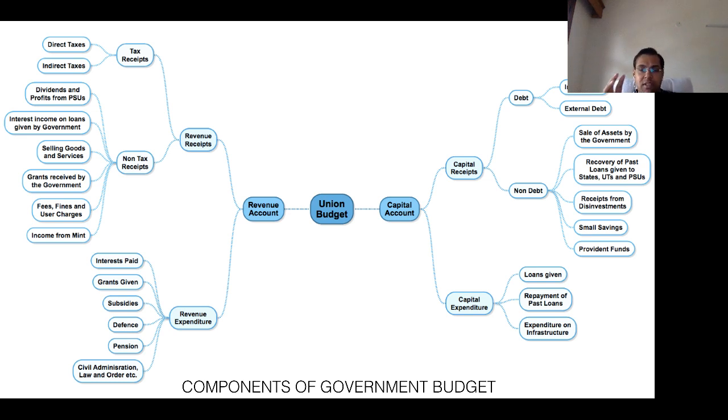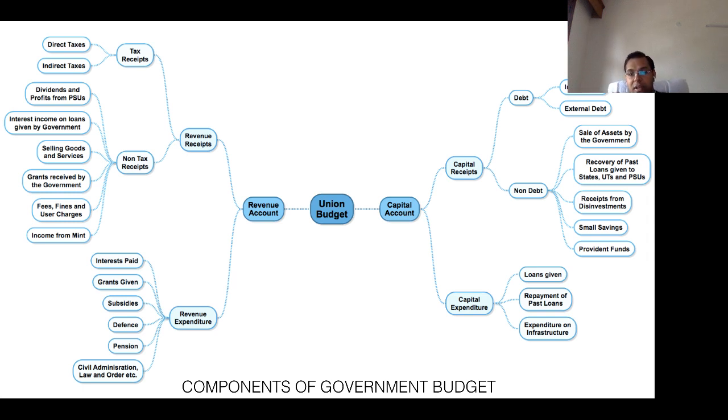Whatever capital expenditure, or capex, the government of India is doing, we need to understand as a part of the capital account. In developing economies, the government of India has to spend a lot on infrastructure creation.